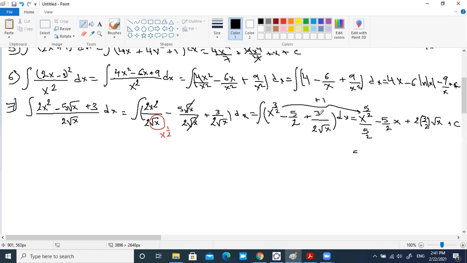You multiply by 2, so 2 times 3 over 2. And then the answer will be 2 over 5 x to the power 5 over 2 minus 5 over 2 x plus 3 radical x plus constant c.